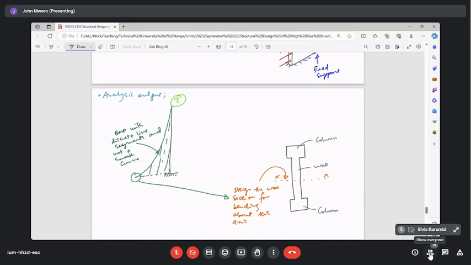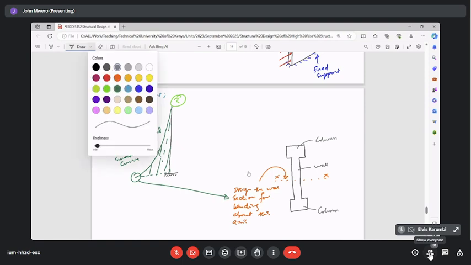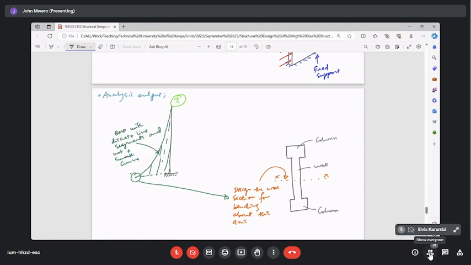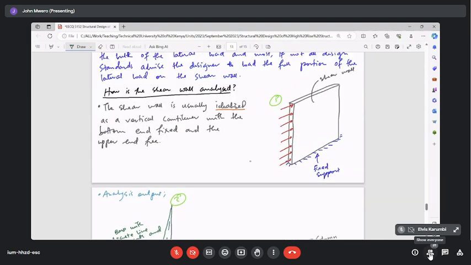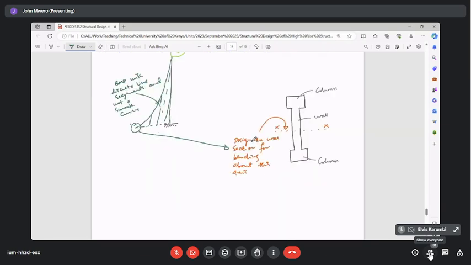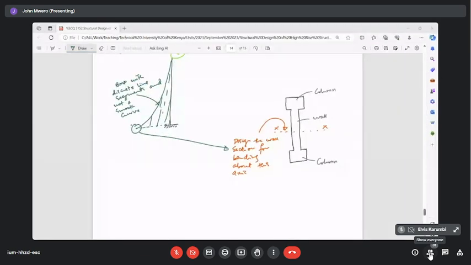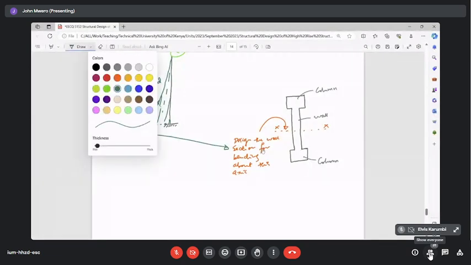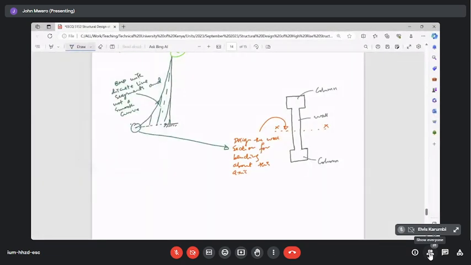But generally, the shear wall has to be designed for this maximum bending moment that we have calculated, resulting from step number 1 from this loading. The other thing that needs to be designed for is that now we have a wall foundation that is carrying both axial and bending.